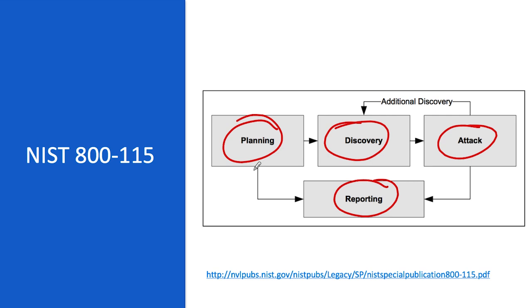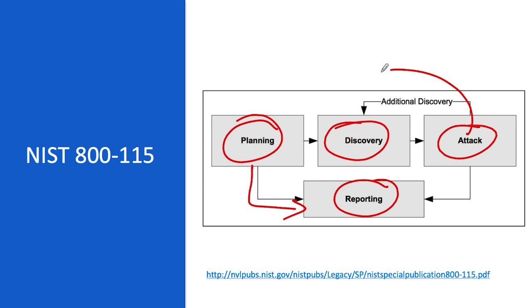Notice that the planning phase has a direct arrow pointing to the reporting. This is because the planning phase allows you to even discuss how the penetration testing report will be structured and how it will be delivered. And even your client, or the person that tasked you to do the penetration testing, can have specific requirements or things that they want to include in that report.